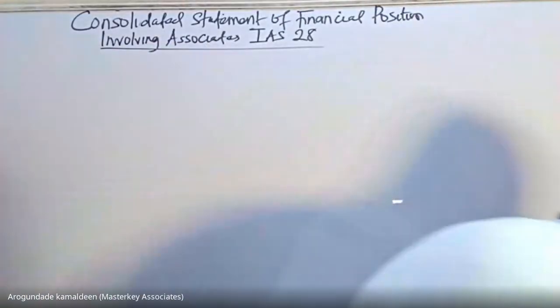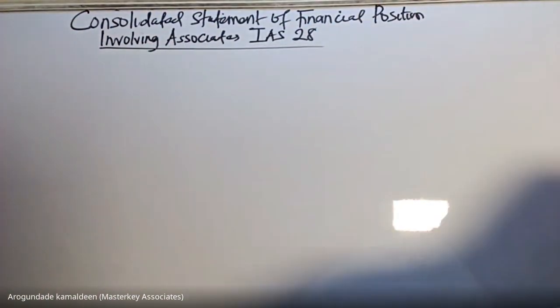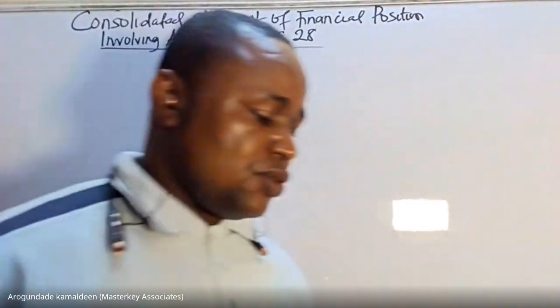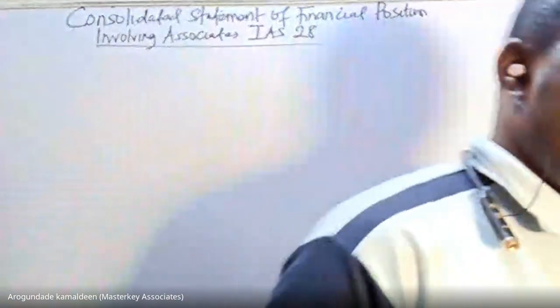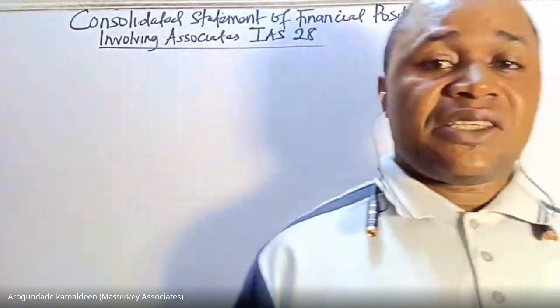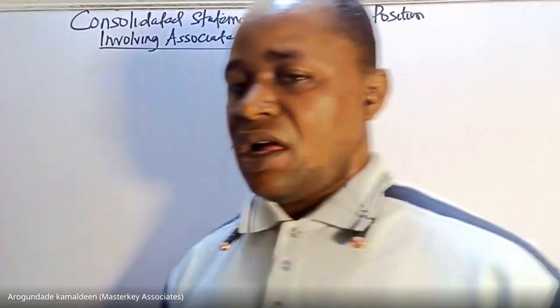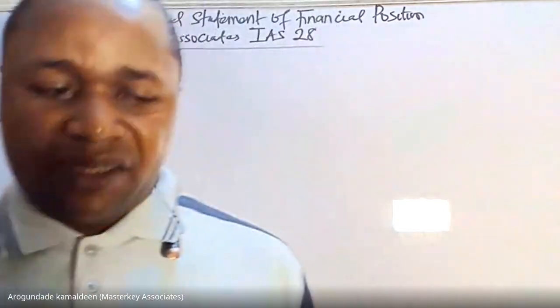According to your syllabus, the group account you are supposed to do is called a simple group account. That is a group account with a parent company that involves one subsidiary and one associate.